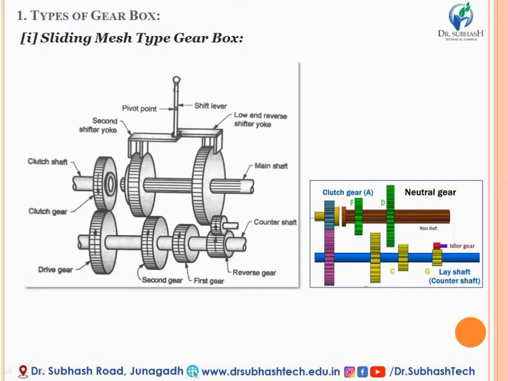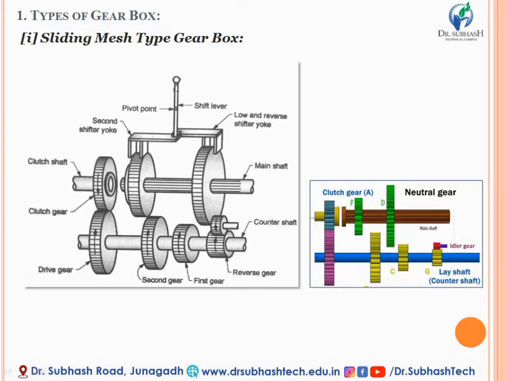These are the two conditions in which your gearbox works. Gearboxes are most commonly used in automobiles and some specific machinery. The first and most important type of gearbox is the sliding mesh type of gearbox.